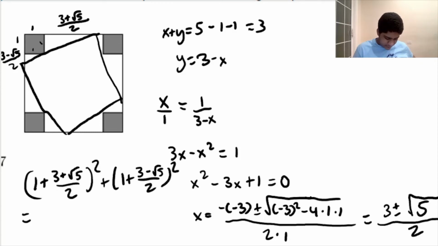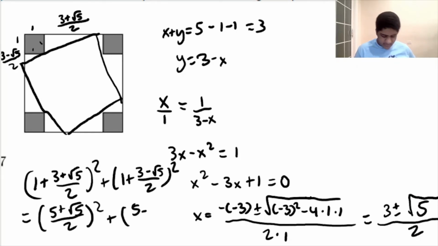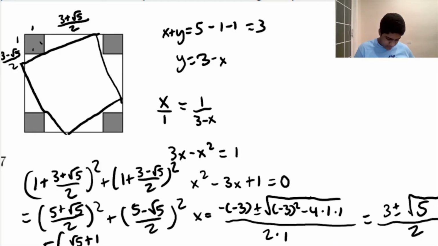That is equal to 5 plus root 5 over 2 whole squared plus 5 minus root 5 over 2 whole squared. Factoring out a root 5 from both, we see that this is going to be equal to 5, because 5 is equal to root 5 squared, times root 5 plus 1 over 2 squared plus root 5 minus 1 over 2 squared.